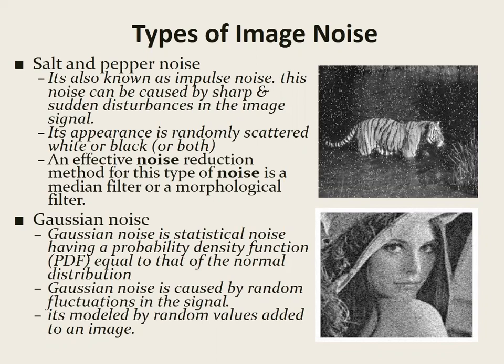It's not concentrating at one point. It is distributed all over the image randomly, so it is scattered over the image. Nowadays, median filtering or morphological filtering can solve such kinds of problems.